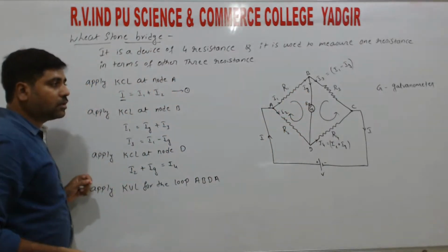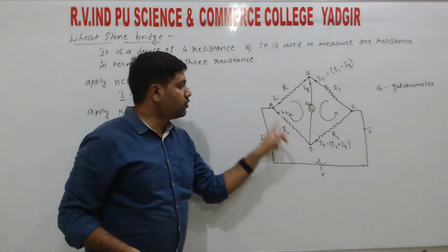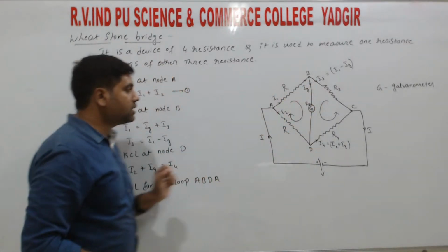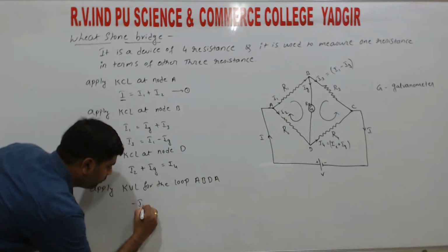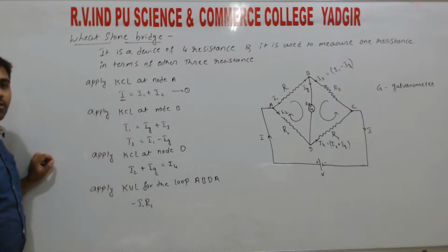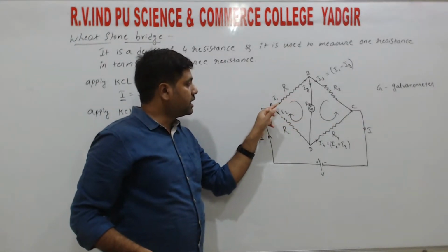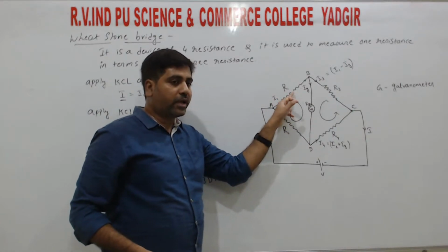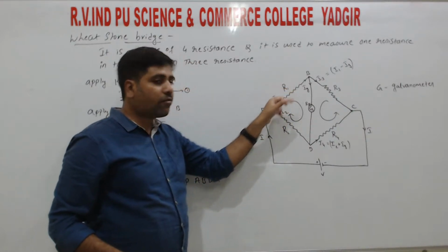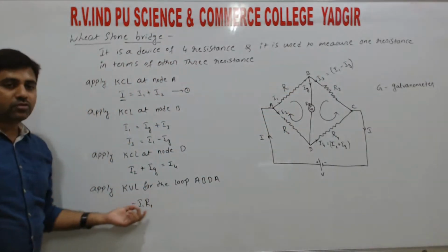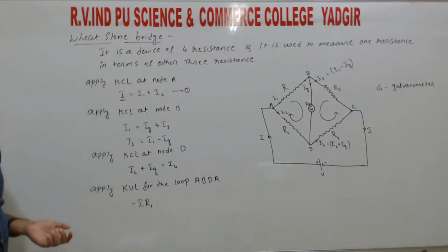Now if we apply the Kirchhoff voltage law for this loop, we get minus I1 R1. It is minus because the current we have taken in the clockwise direction is flowing in the same direction, hence the voltage drop across R1 is minus. We already discussed that in our last class.